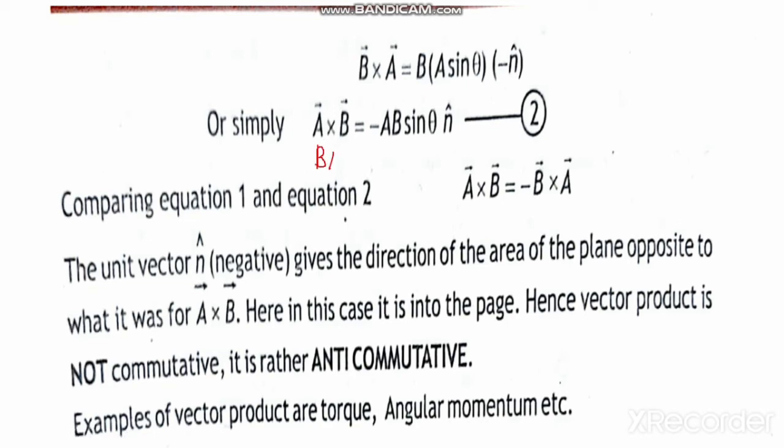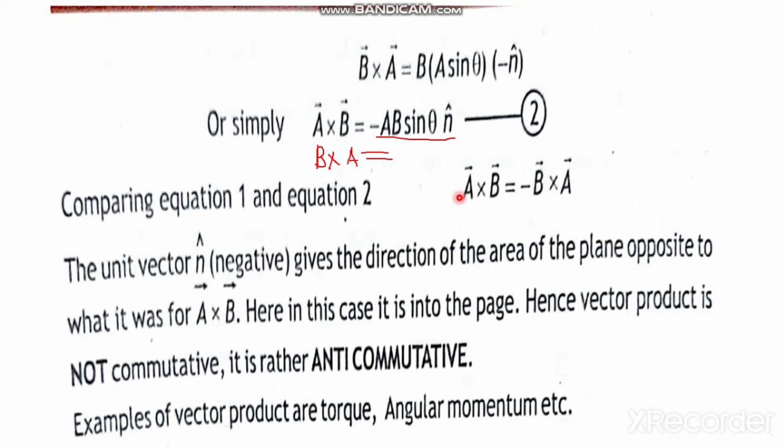So you can see that B cross A is equal to minus AB sine theta n, as A cross B is equal to AB sine theta n while B cross A is equal to minus AB sine theta n.